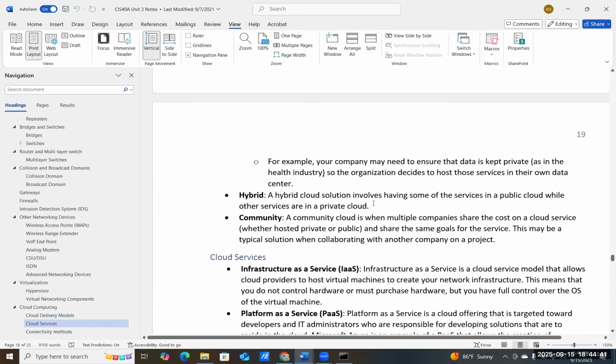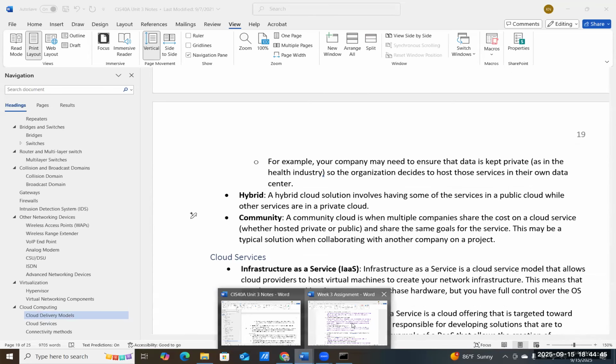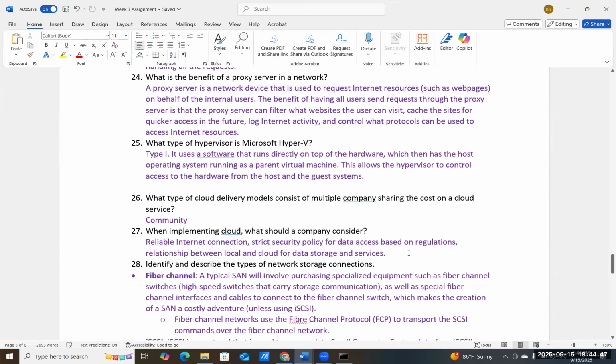Then you have a hybrid, and then you have a community. A community is a way that organizations can share the cloud model. So for example, I'm a small business. I can't afford to have all the cloud services. I would partner up with another small business close by or in the same building, and we would be able to share the resources this way.